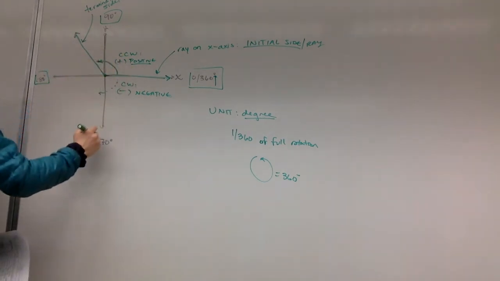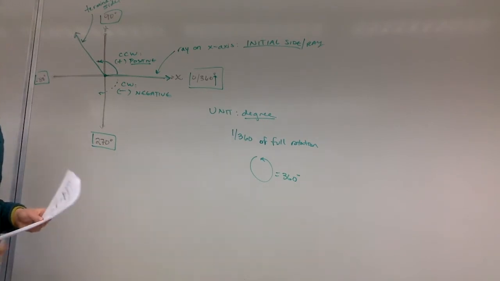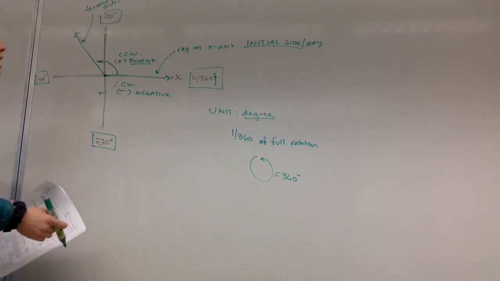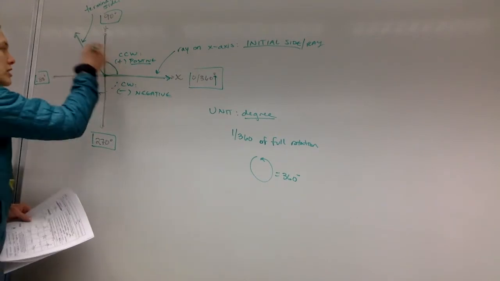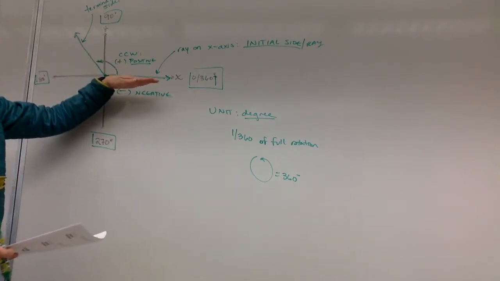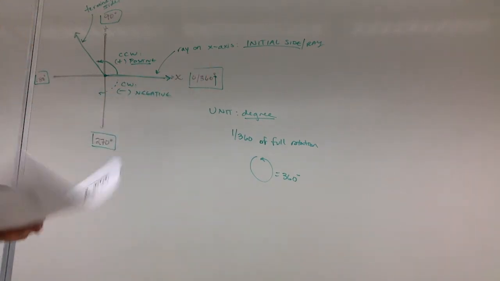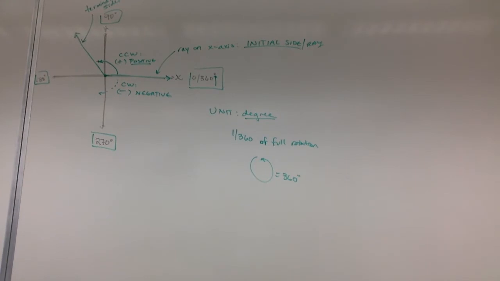And then 3/4 of the way around is at 270. You can go above 360 in both the positive and negative direction. It would just bring you past that 360 degree mark at the initial ray. So let's look at numbers 1 through 6 very quickly.